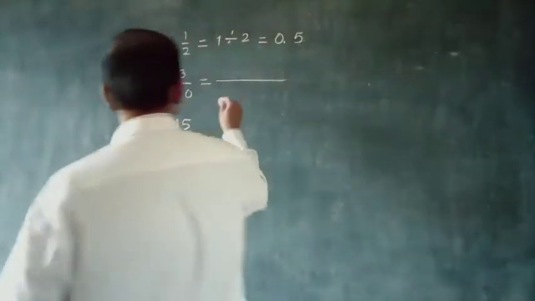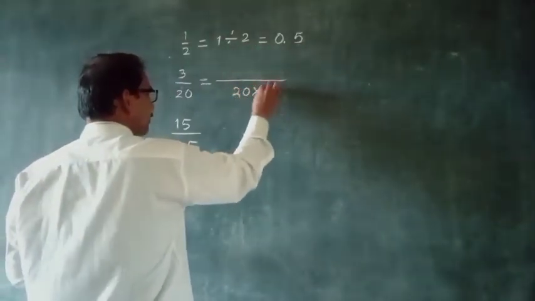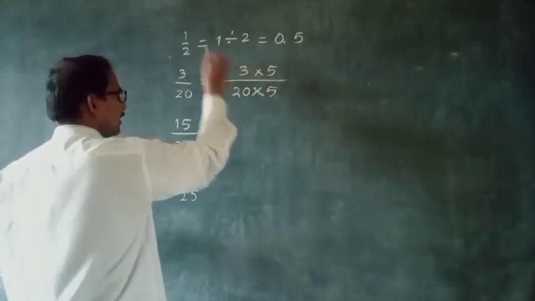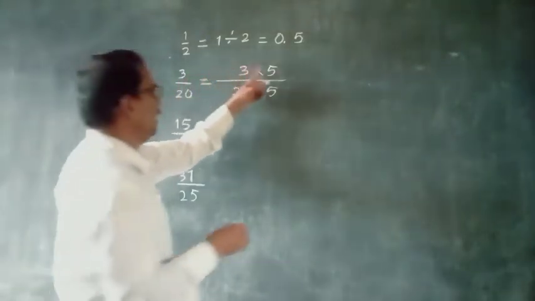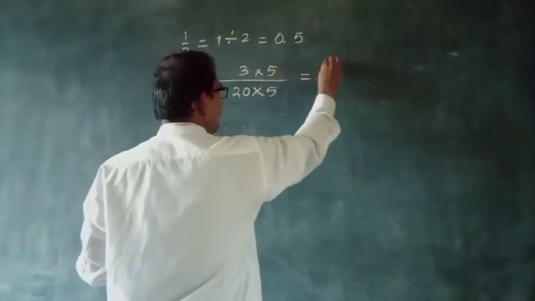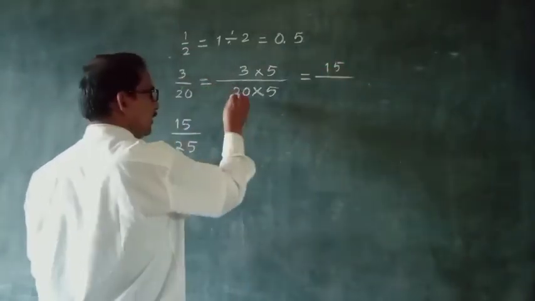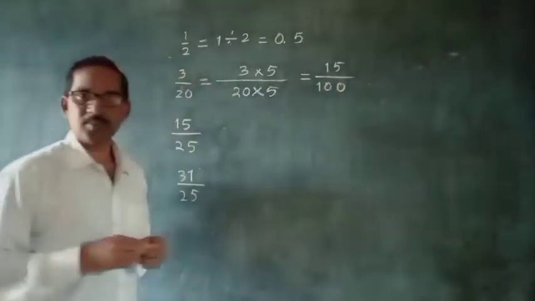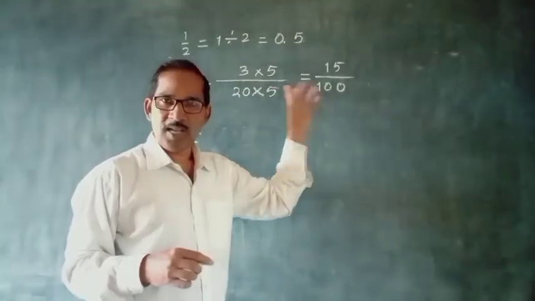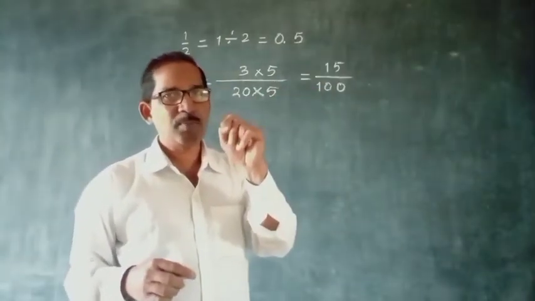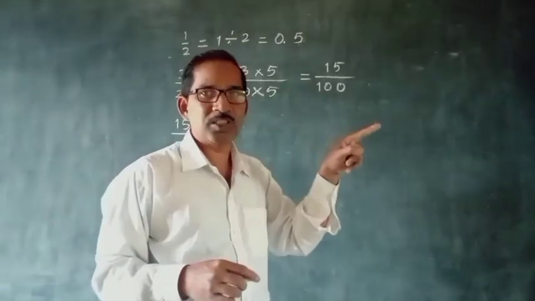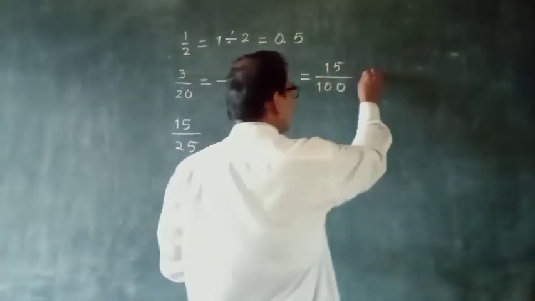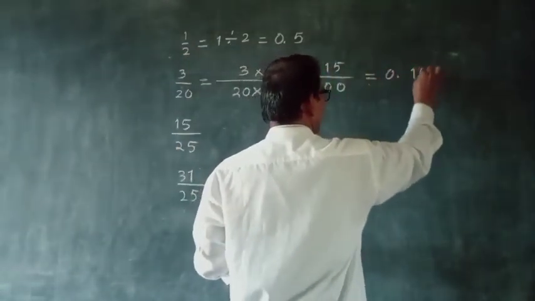And the same number will be multiplied in the numerator, that is 5. 3 times 5 is 15. And in the denominator, 20 into 5 is 100. There are two zeros, so our decimal point will be put after two digits from the right. Only two digits are there, so it will be 0.15.